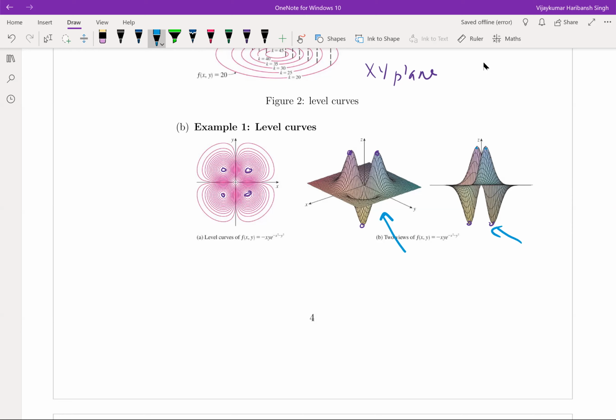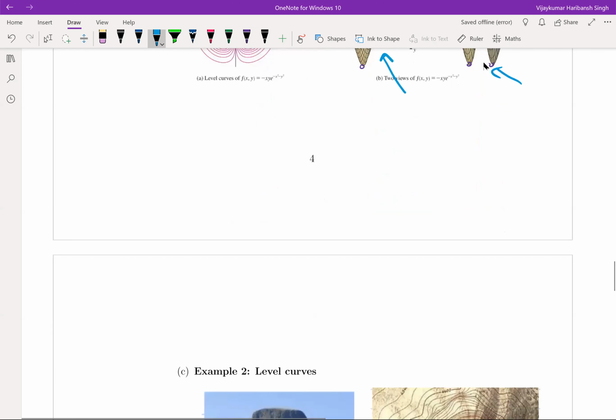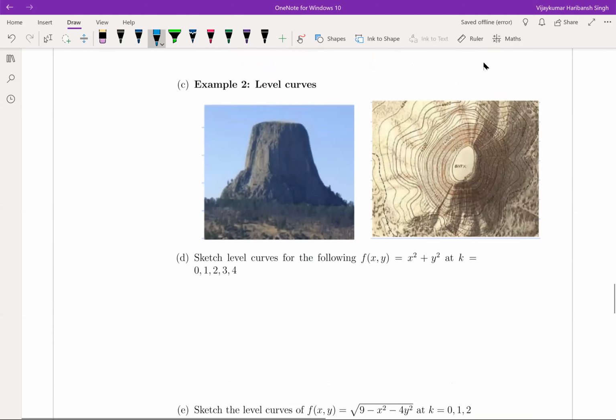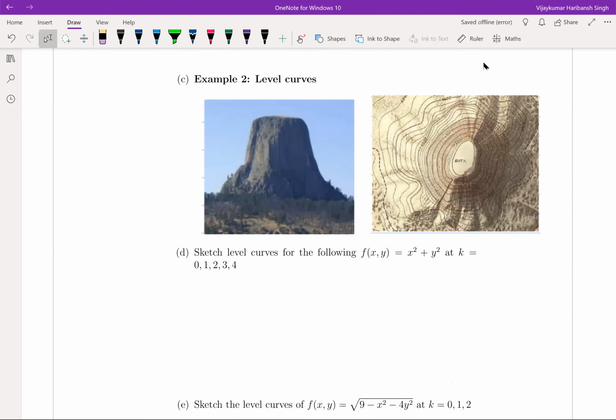Again, some information is lost, of course, because how can you encode three-dimensional information into two-dimensional information? That is not happening, but it still gives you sufficient information to do certain kinds of calculation. Another example of level curves is the following.